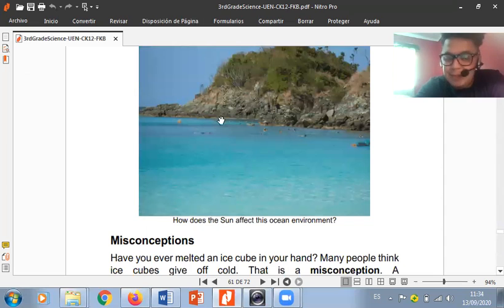Look here. This is amazing. How does the sun affect this ocean environment? As you can see, I don't know if you have ever visited these kinds of places on the ocean. The ocean has coral reef. Have you ever seen the coral reef? The coral reef also are plants under the ocean.